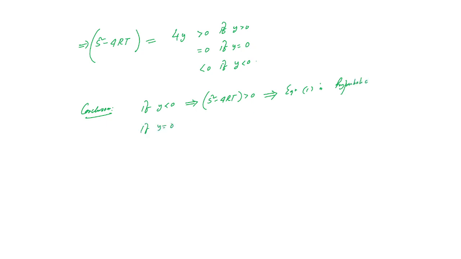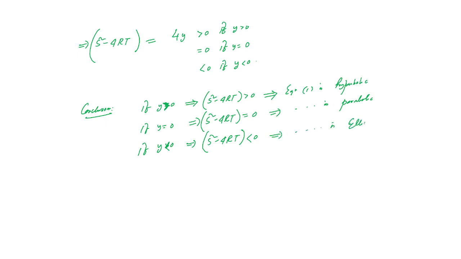If y equals 0, that implies s² − 4rt equals 0, that implies equation 1 is parabolic. And if y is less than 0, that means s² − 4rt is less than 0, and that implies equation 1 is elliptic.